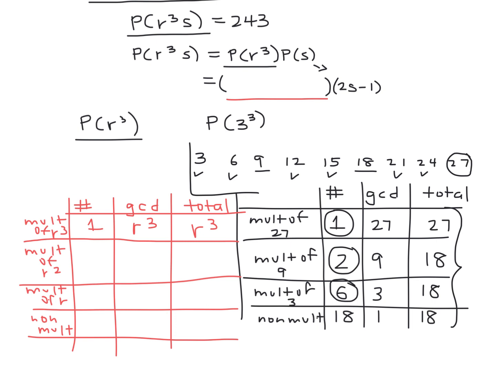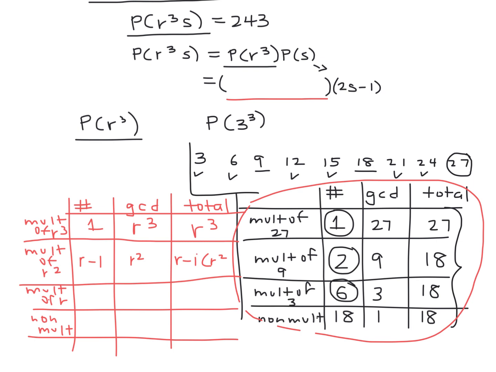You can look at the numbers example to get an understanding of this, and that's why I did the example with the numbers, because otherwise it may not be as obvious. So let's keep going. Multiples of R squared, there's R minus 1 of those, and each GCD is R squared, so this will be R minus 1 times R squared.